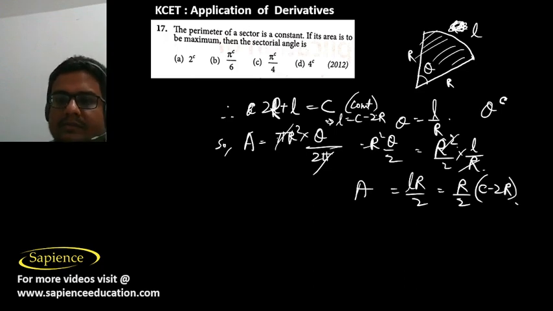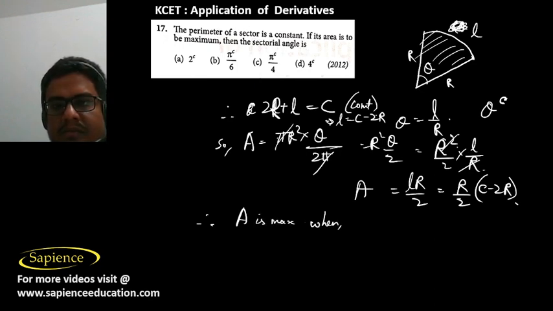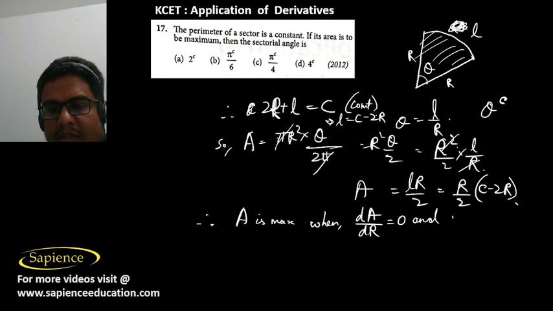So therefore the area is maximum when dA by dr is equal to 0, and d square A by dr square is less than 0.